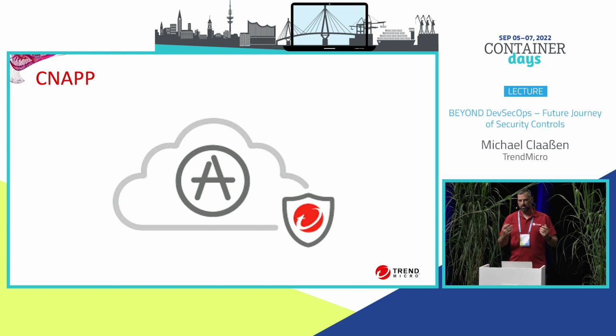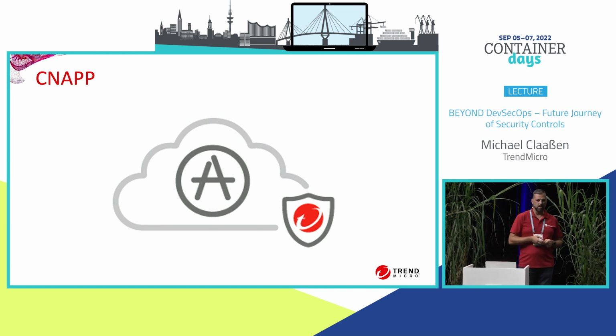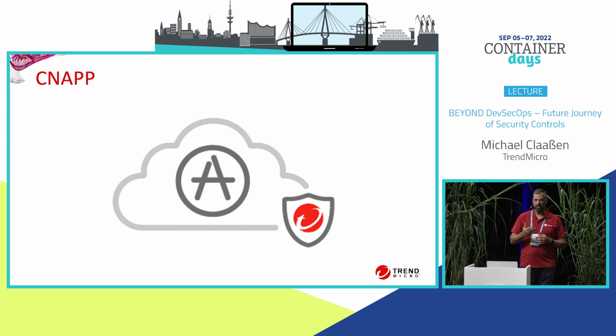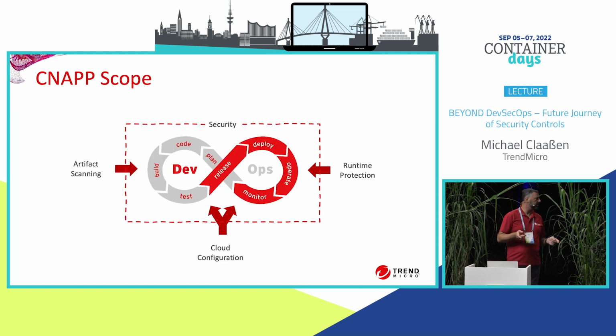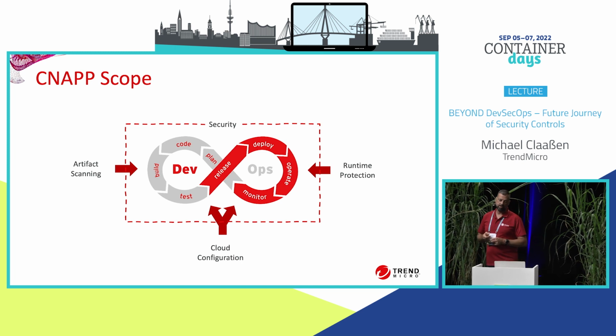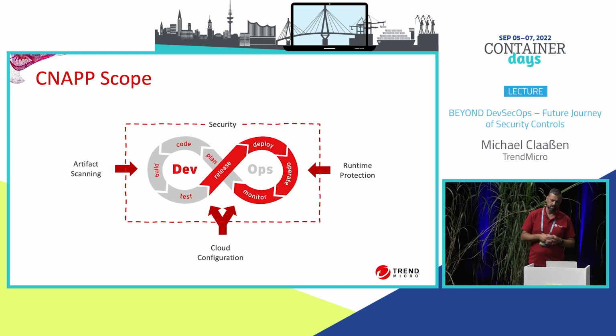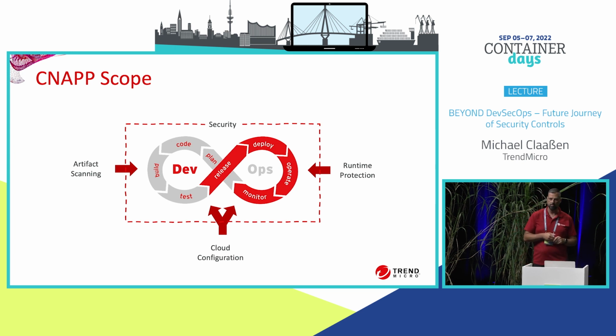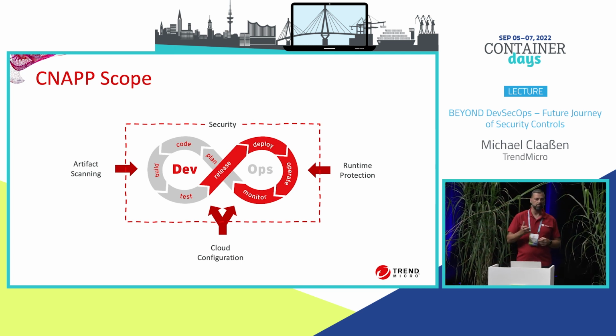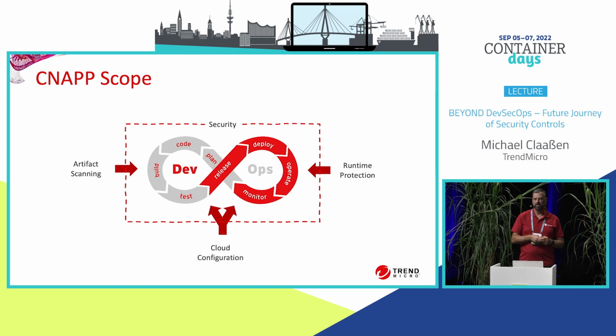It's just pulling out the information from our security tooling and putting it together in the right order, with the right wording and with the right risk assessment in the end. And therefore, we need to integrate all sides. So we have our dev part, we have our ops part, of course, and we have our tooling and sets that we're using on each side. And we have the cloud configuration part that could be part of the development department. It could be part of the operations or security department as well.